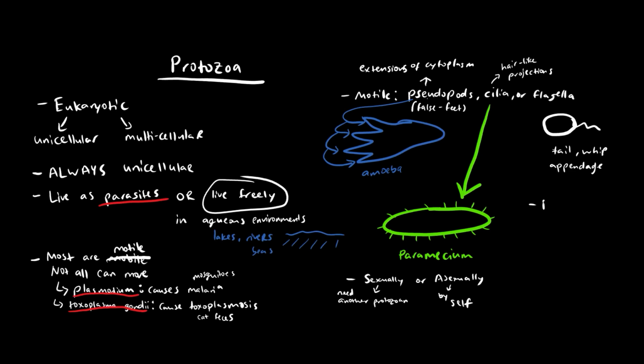As for their food, protozoa get their nutrition through absorbing organic compounds from their environment, or if they're living as a parasite, they get their nutrition from the host that they live in.